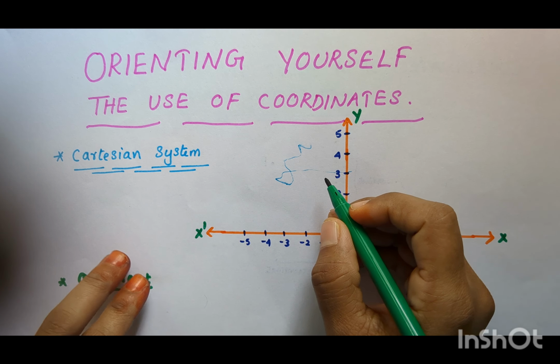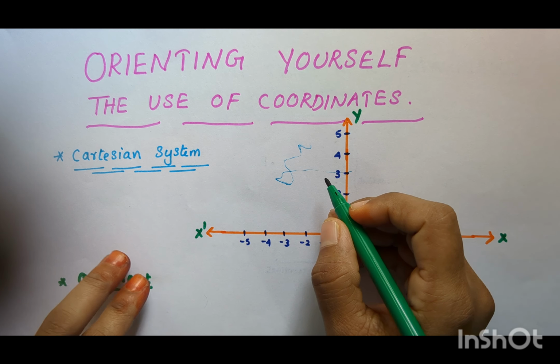And this quadrant, YOX dash, is called quadrant 2, the second quadrant. And this one is the third quadrant and this one is the fourth quadrant. And this plane is known as the xy plane, which is also called the Cartesian plane or coordinate plane.